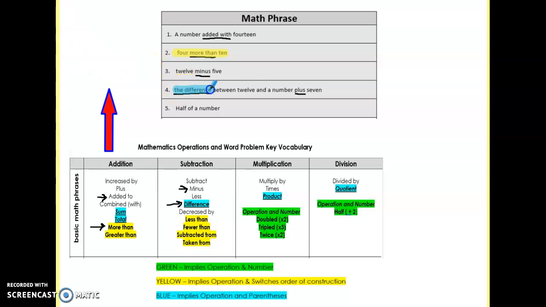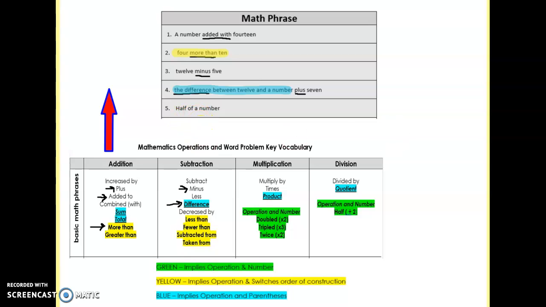And I'm saying the difference between 12 and a number. Plus is just a regular word, and I'll show you down here, so it actually doesn't need any highlighting. If you highlighted the whole thing blue, guys, that's okay too. But I'm really looking for only the parts to be blue that I need to be blue. This one actually has kind of a 2-part deal.